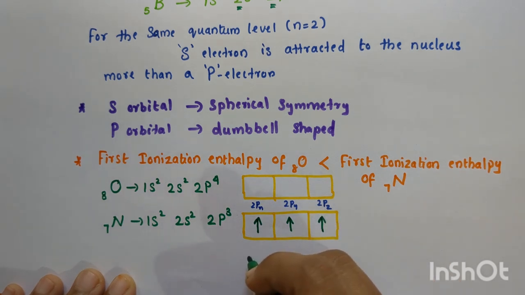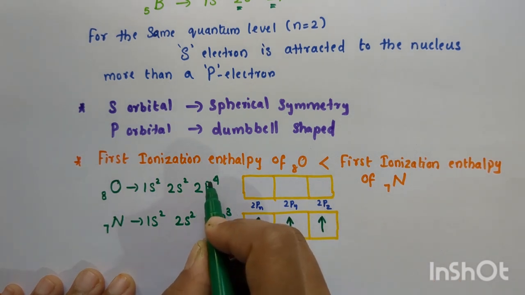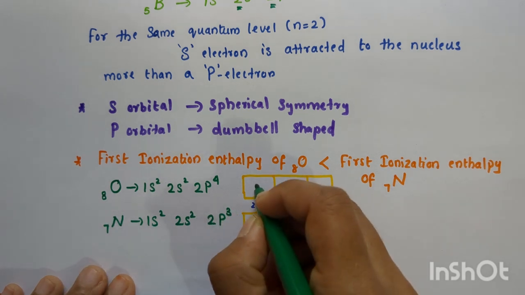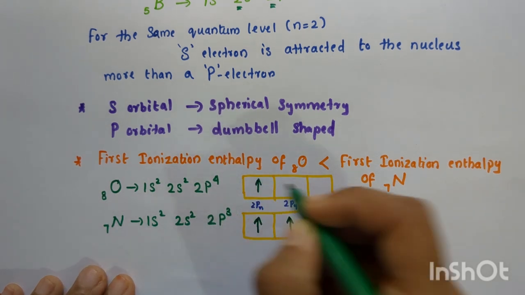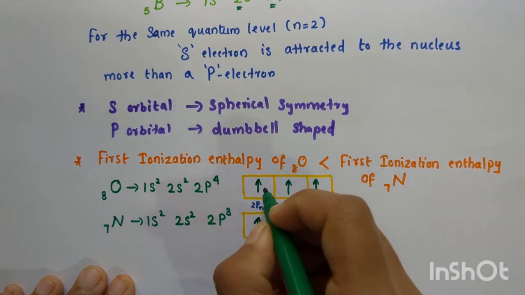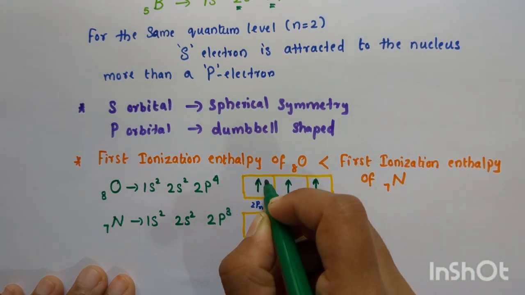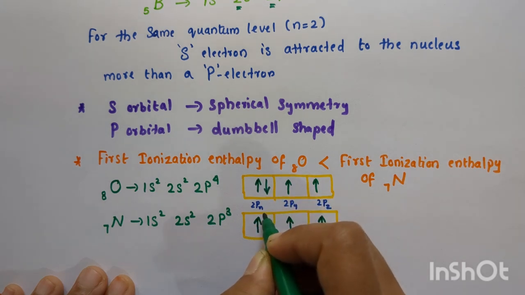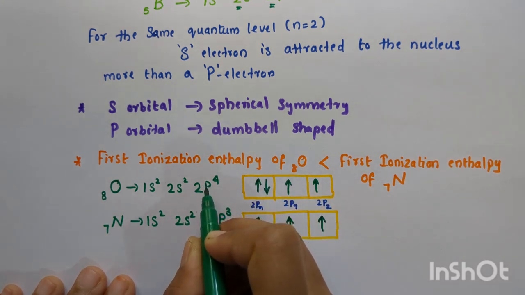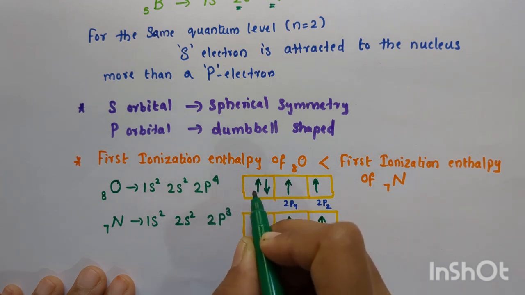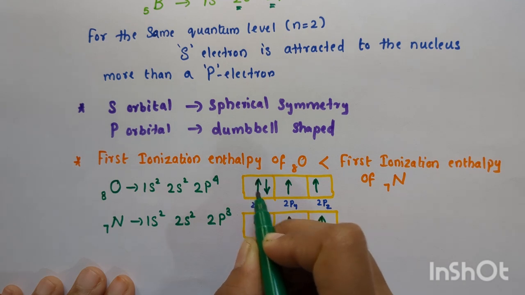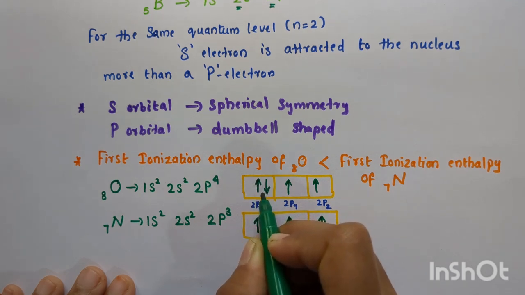But in the oxygen atom we have four 2p electrons. So according to Hund's rule, one electron will first occupy the 2px orbital, one electron in 2py and one electron in 2pz. Now the fourth electron will come to the 2px orbital and will get filled here. That is, two of the four 2p electrons will occupy the same 2p orbital, and that results in an increased electron-electron repulsion, because you see two electrons are here in the 2px orbital.